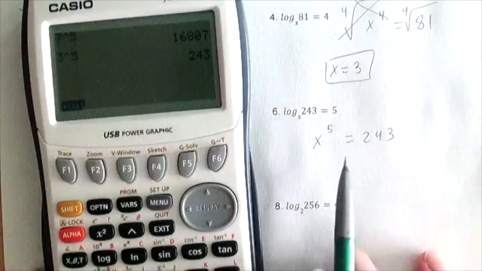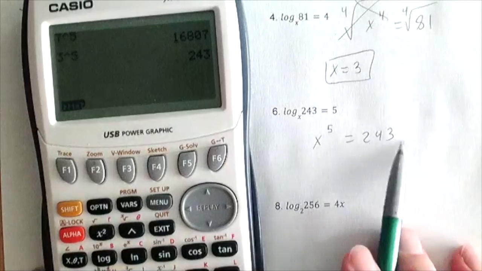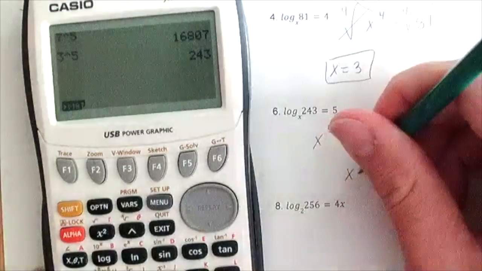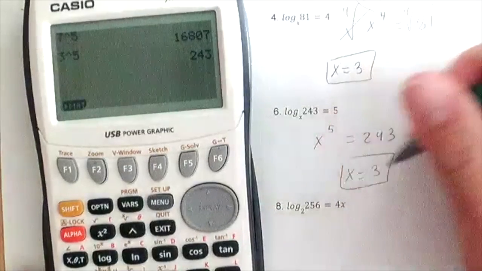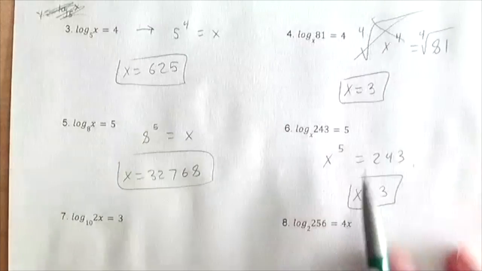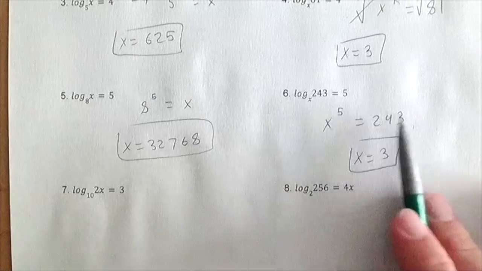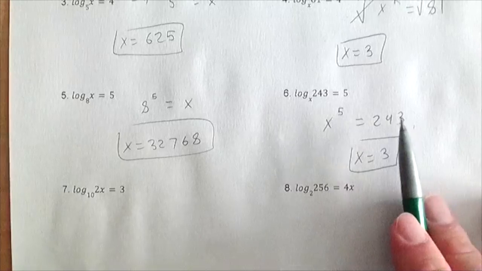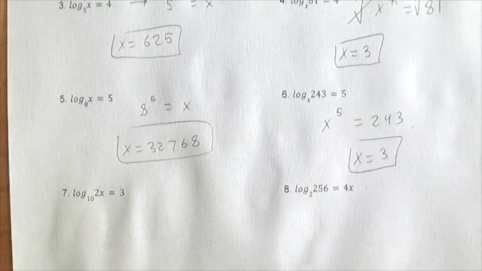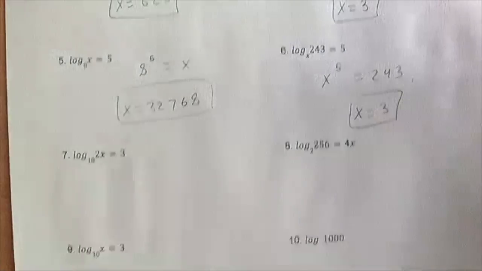So it's going to be 3 to the fifth. Okay, so you're just trying to figure out what number to the fifth power gives me 243. But those are the hardest in terms of solving at the last step, right? We could take the fifth root of this number, but you're still trying to solve the same thing. Okay, good. So that's the most important part.